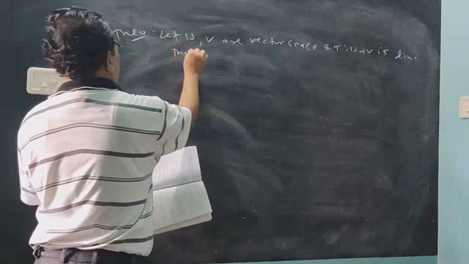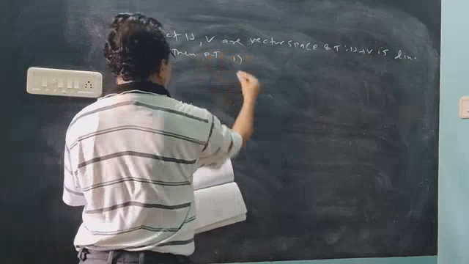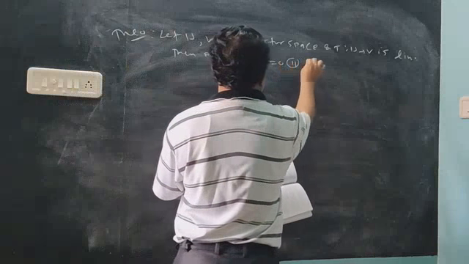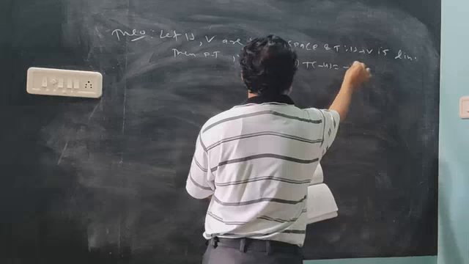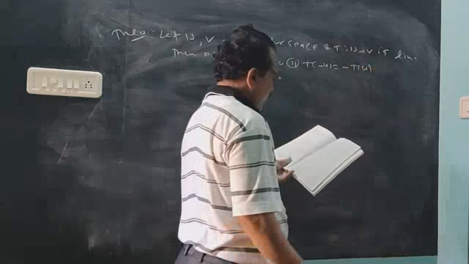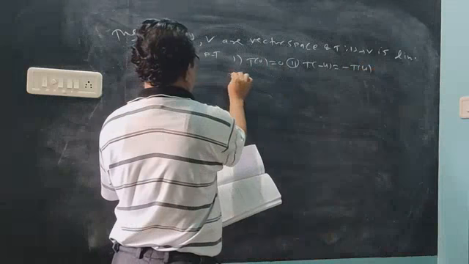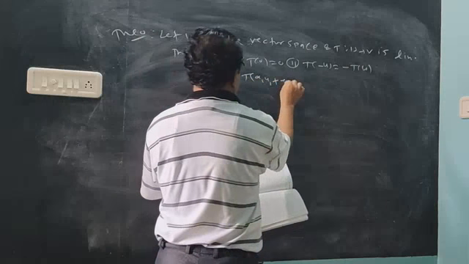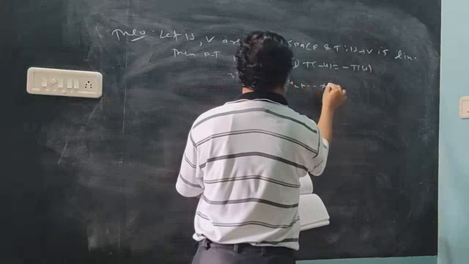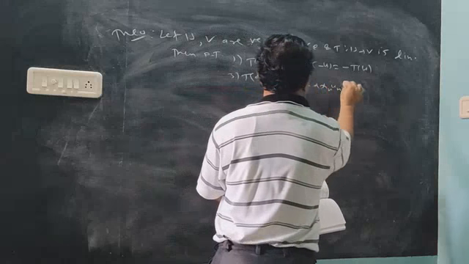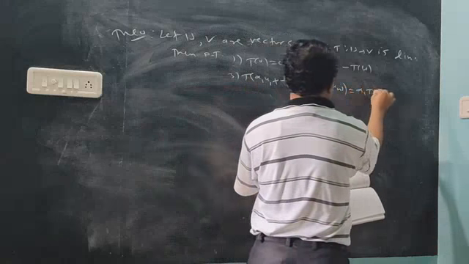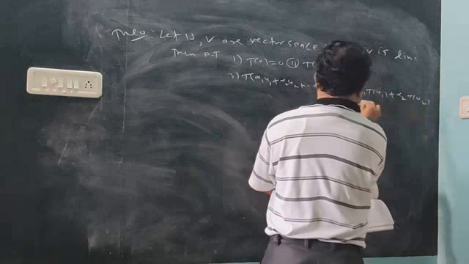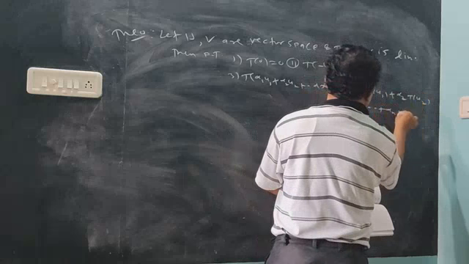Then prove that first, T of 0 will be 0; second, T of minus u will be minus T of u; and third, T of alpha 1 u1 plus alpha 2 u2, in this way up to alpha n un, equals alpha 1 outside T of u1, alpha 2 outside T of u2, in this way alpha n outside T of un.